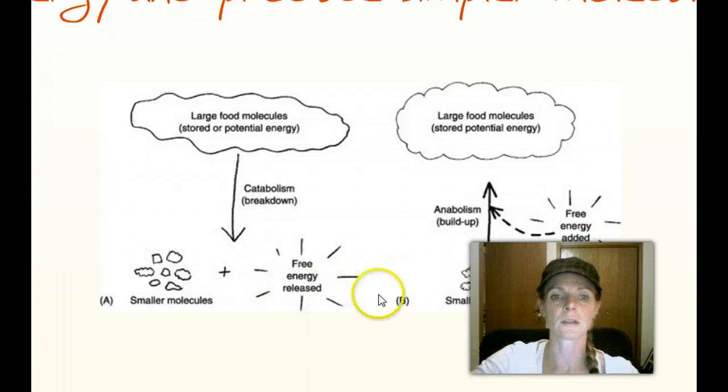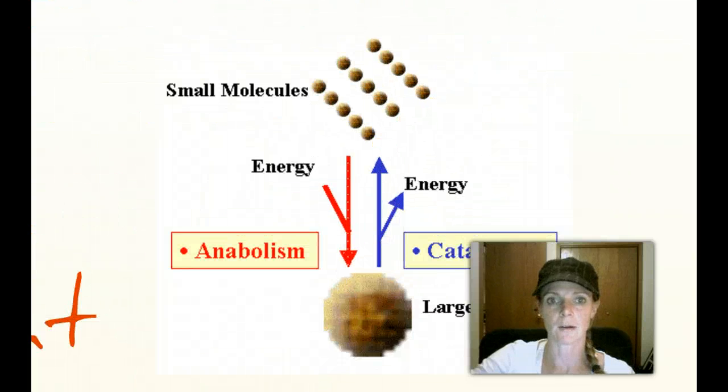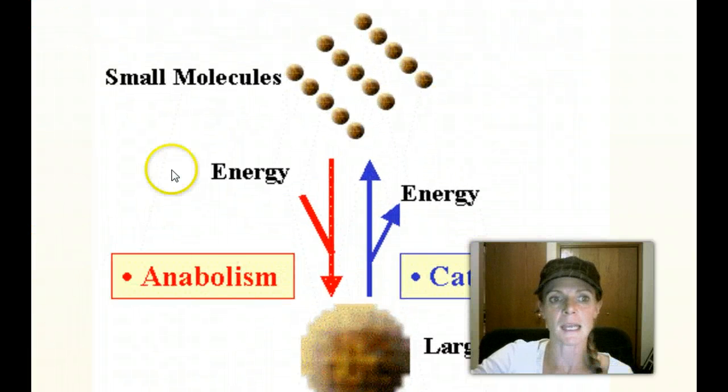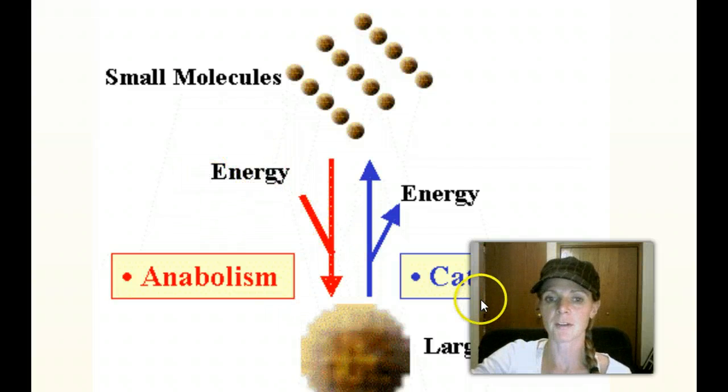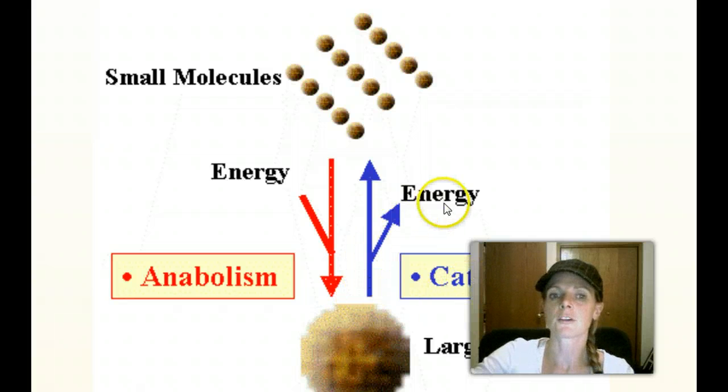So, free energy released. Here is another diagram. Again, anabolism, taking smaller molecules, adding energy into it to get a larger molecule, where the opposite with catabolism, where you're taking a large molecule, and energy is released as you break it down into smaller molecules, okay?